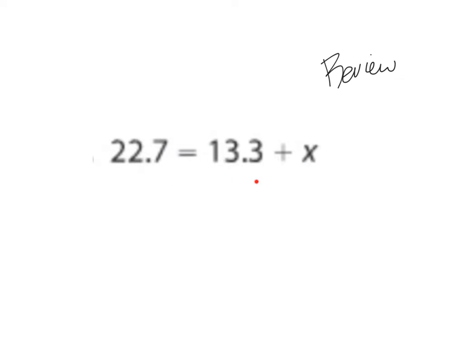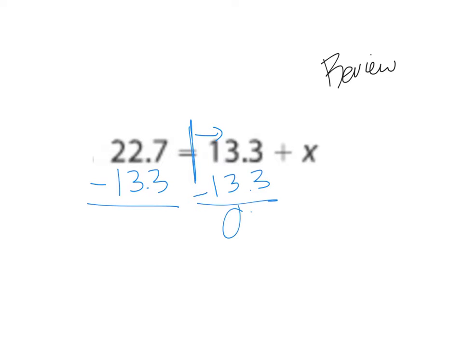We need to take away what's added, so you would subtract 13.3 because that's on the same side as x. You need to make sure you do the same amount to both sides. When you subtract that, you get 0 plus x, which is just x. And over here I get 9.4. So my answer would be 9.4 equals x.